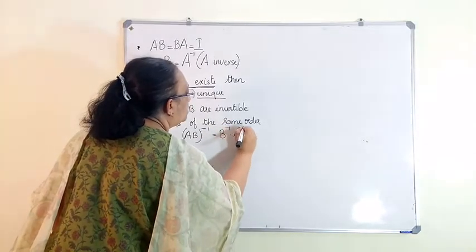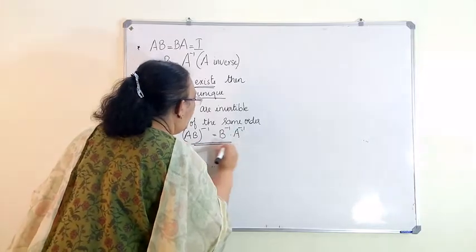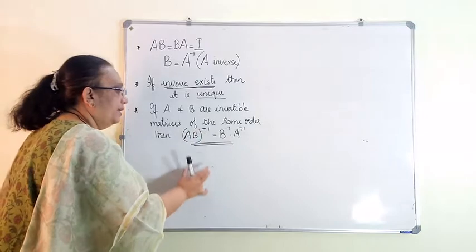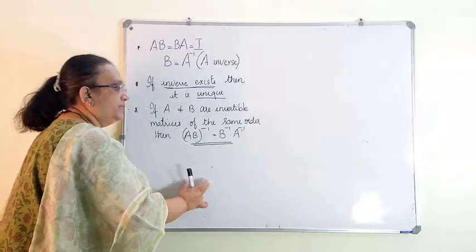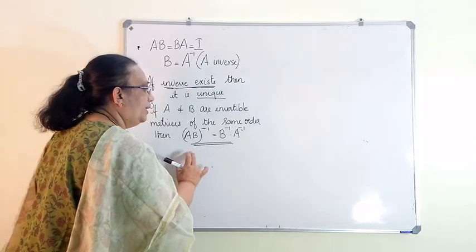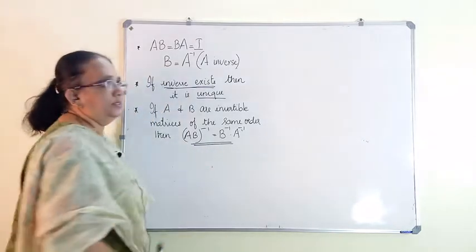You may be asked to verify this. So you have to take the LHS, find the answer, take the RHS, get the answer, and show that LHS is equal to RHS.